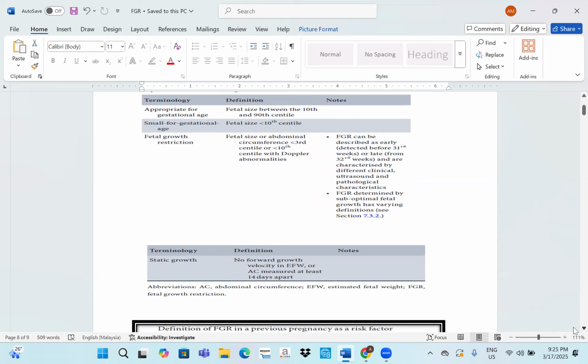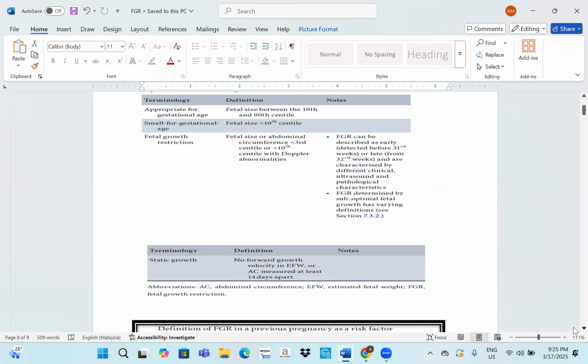Okay, so there are certain abnormalities or certain characteristics which can tell us about whether it is early apart from the gestation. So the main thing you have to remember is, first of all, you have to consider the gestation. If before 31 plus 6 weeks, it is early onset. If after 31 plus 6, meaning 32 weeks onward, it is late IUGR.